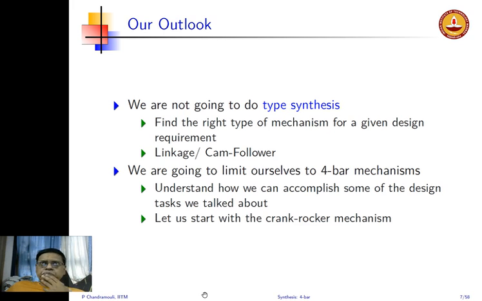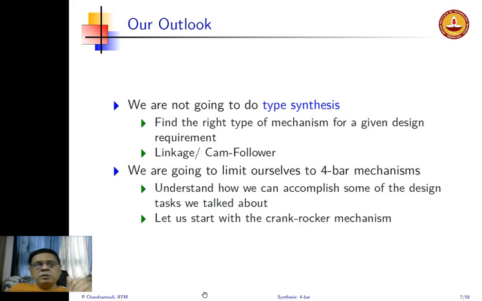Now, if you read a textbook like Robert Norton, he will get into detail about something called type synthesis, number synthesis. I'm not going to make this a very formal thing. I just want you to get introduced to the ideas that one could design these things, and I'm going to keep myself to 4-bar mechanisms because that is what the focus is going to be in my lectures.